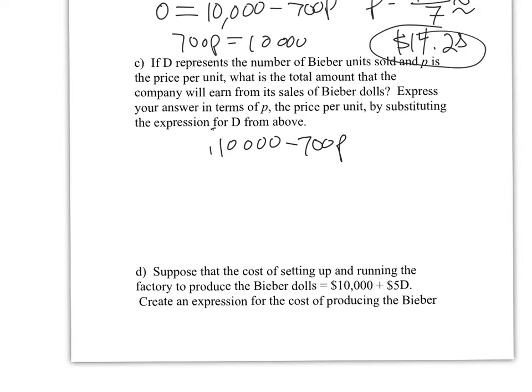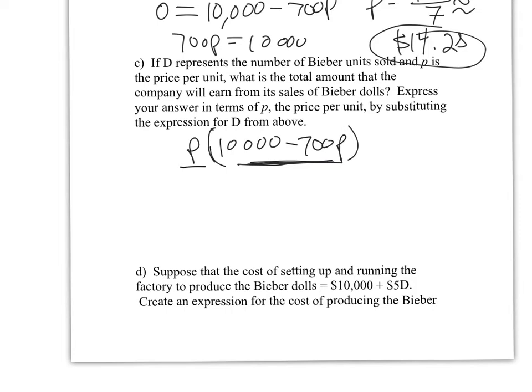The total revenue the company will earn is the number of units it sells, 10,000 minus 700p, multiplied by the price per unit, p. That gives us the total amount of money the company will earn from selling these Bieber dolls.